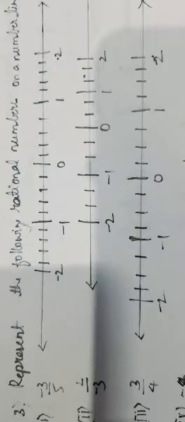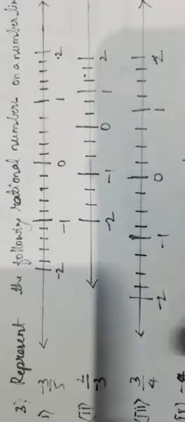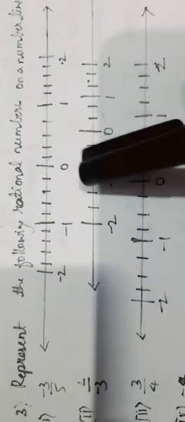Children, next question is represent the following rational numbers on a number line. In the previous problems we have solved similar types of problems, children. The first rational number is minus 3 by 5. Here we have to draw the straight line between 0 to 1, 1 and 2.